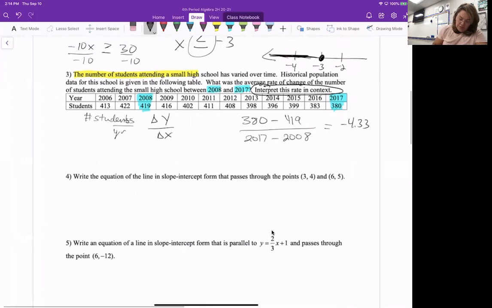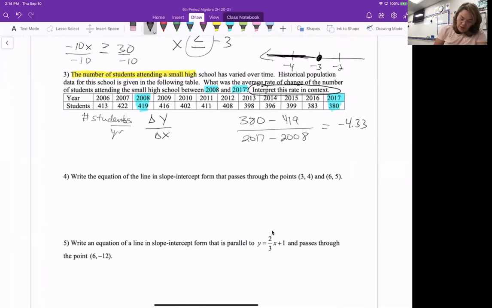First thing you want to do is talk about what it is we're trying to describe, which is the number of students attending a small high school. And then we're going to have the word decreased or increased. That was the template that you were given. And how do I know if it was decreased or increased? Well, by the way, I forgot my units over here. 4.33 students.